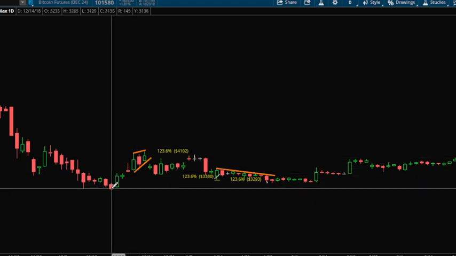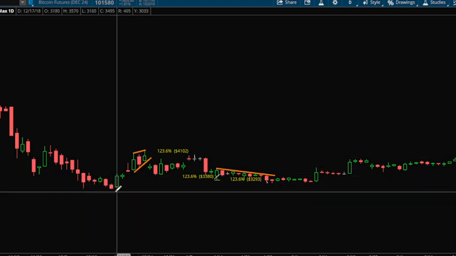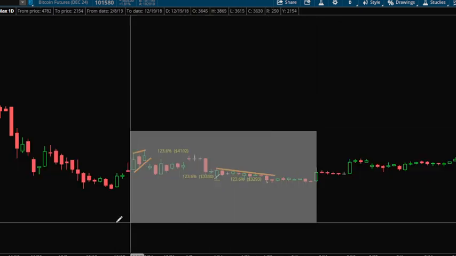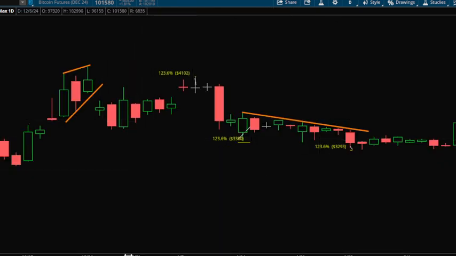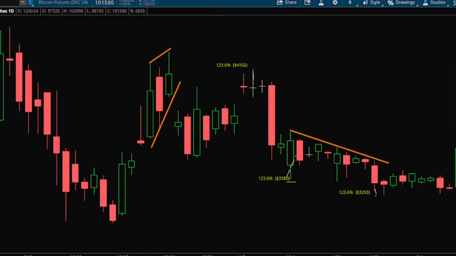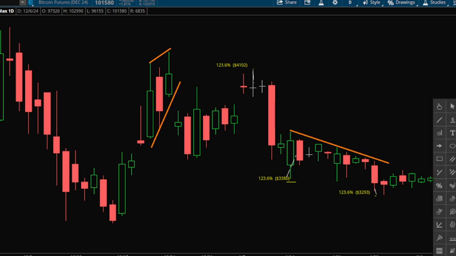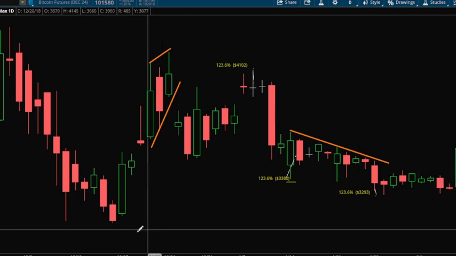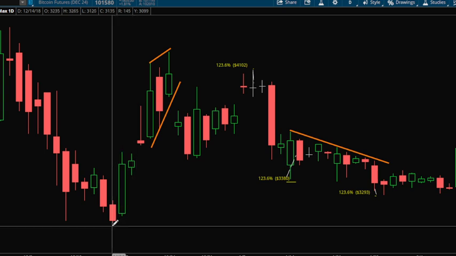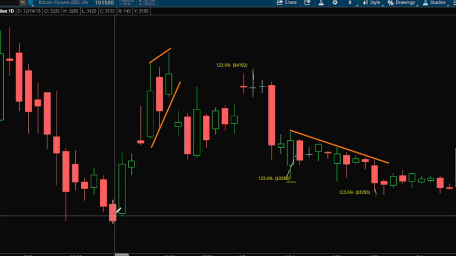We're going to start December 14th, 2018. Click on the Fibonacci retracement tool. We're going to count waves starting here on December 14th, 2018. We're going to go up.